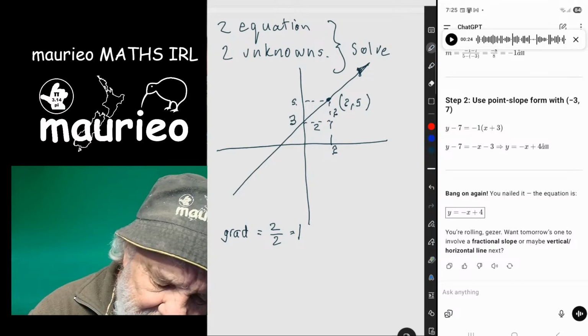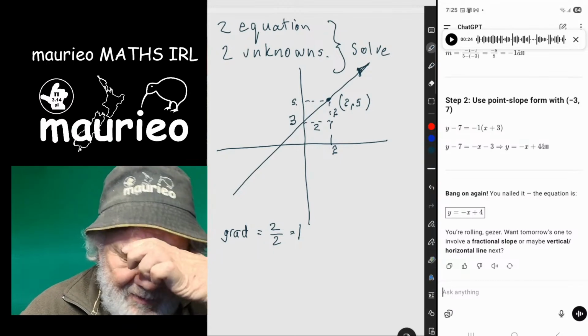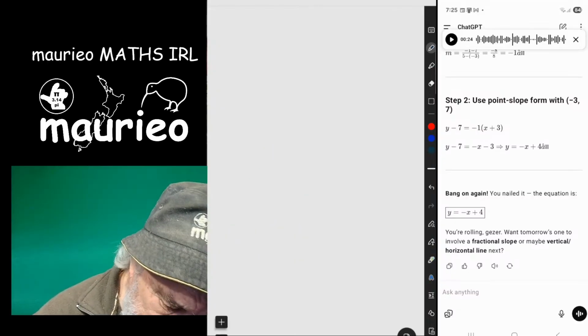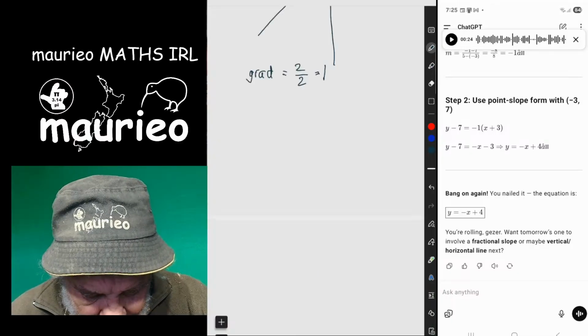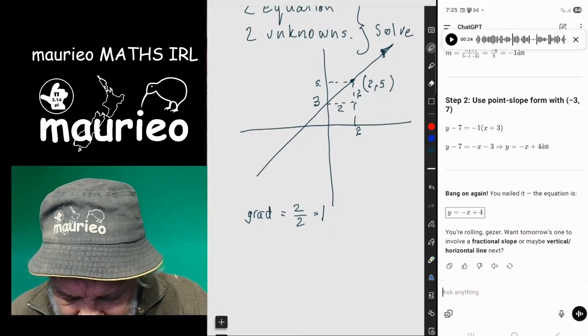Right, now it actually goes through the point (2, 5). So we could just use that formula that we used earlier.